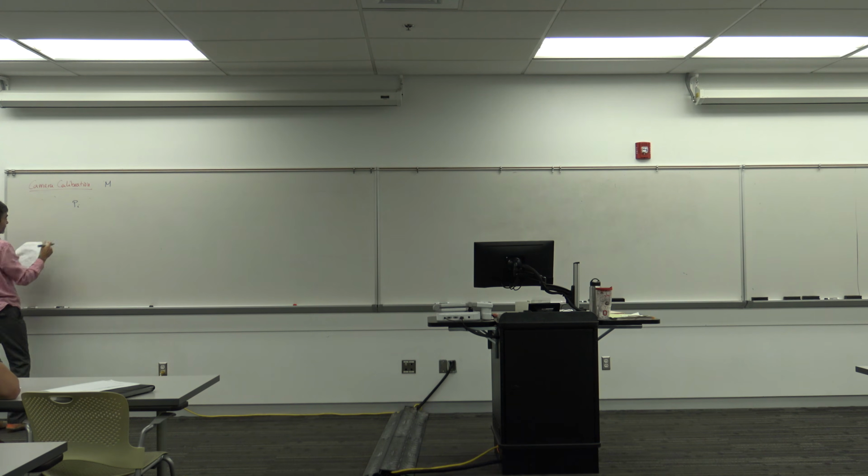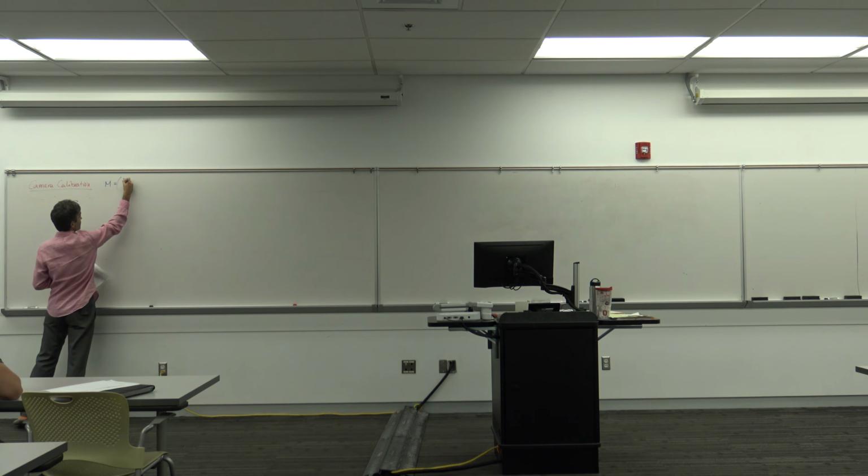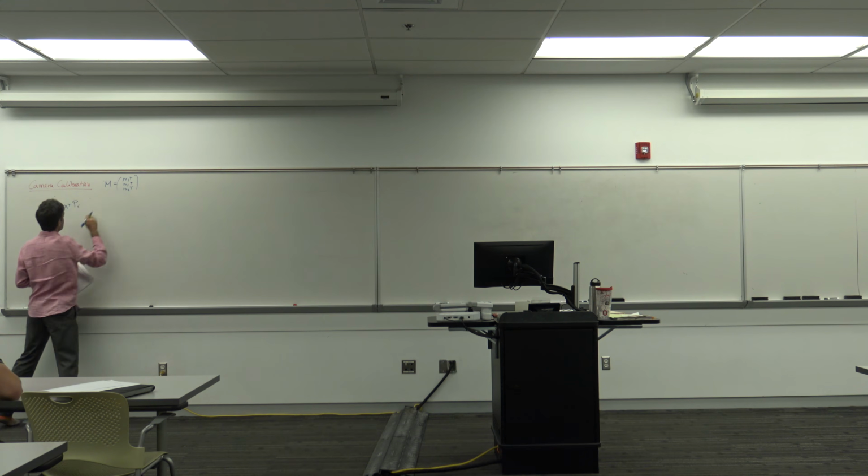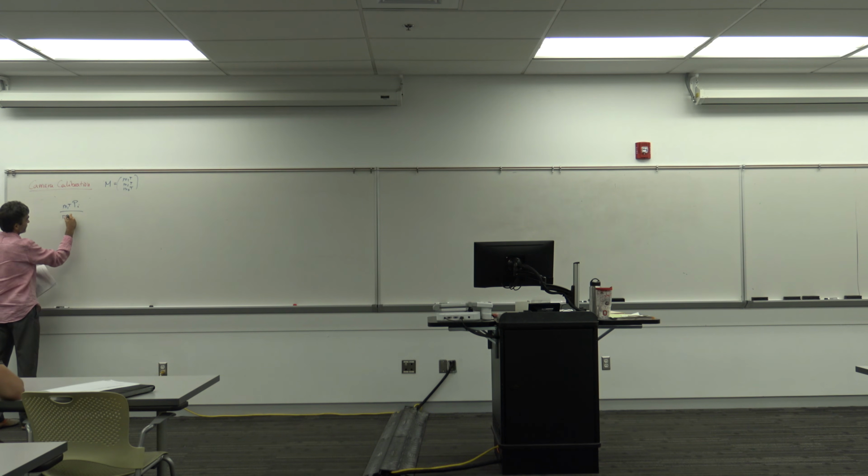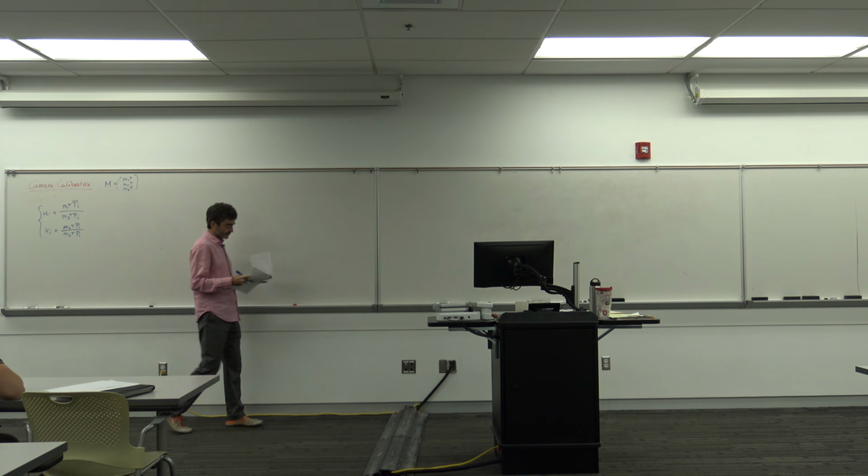I'm going to take the first row of M. So M, capital M, is M1 transpose, M2 transpose, M3 transpose, the three rows of that matrix. And if I divide by M3 transpose Pi, this is equal to my first value, ui, in the image, and vi is M2 transpose Pi over M3 transpose Pi. That's our perspective projection camera.